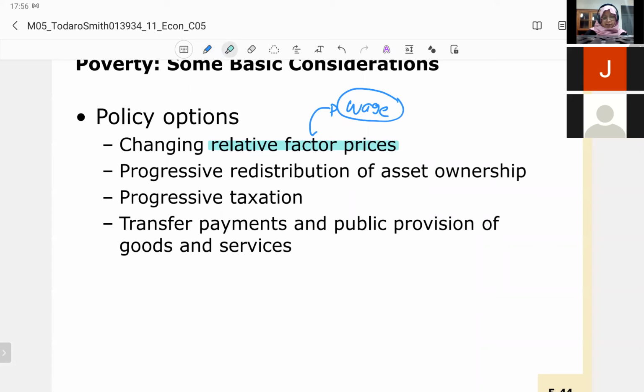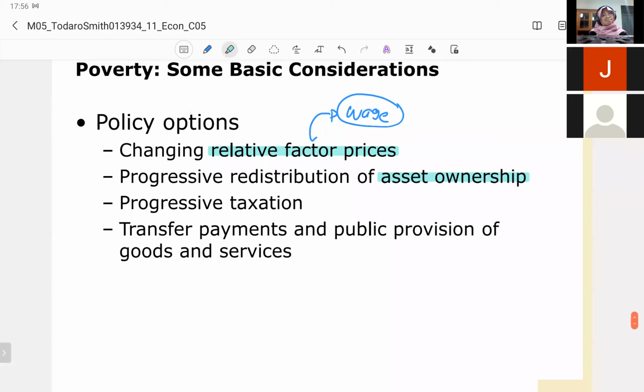And then progressive redistribution of asset ownership. So the government can try to have more equal asset ownership, so not just some group of rich people who own assets. The government can try that by, for example, setting that one person cannot own more than 2 firms or anything like that.